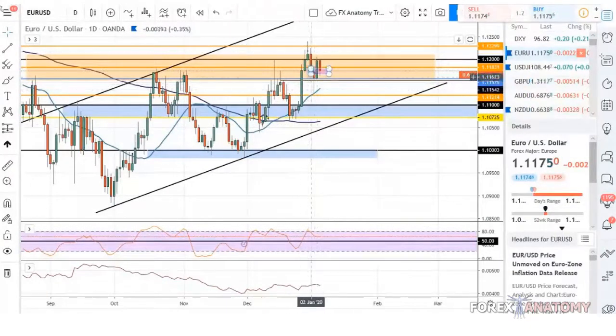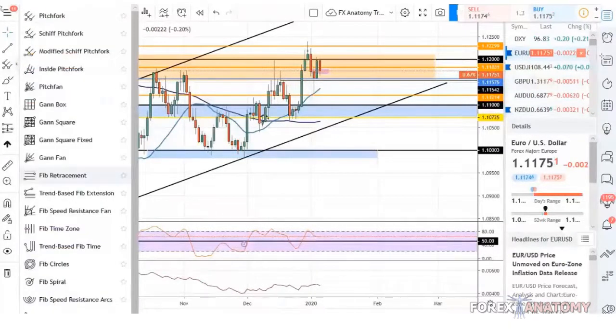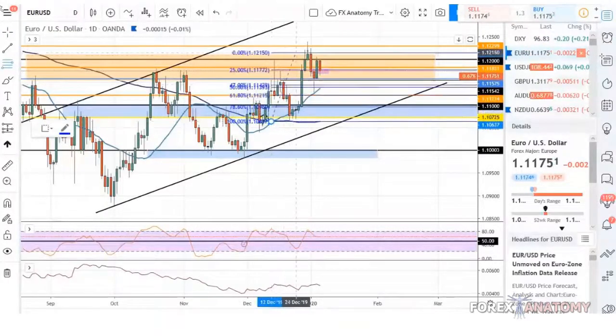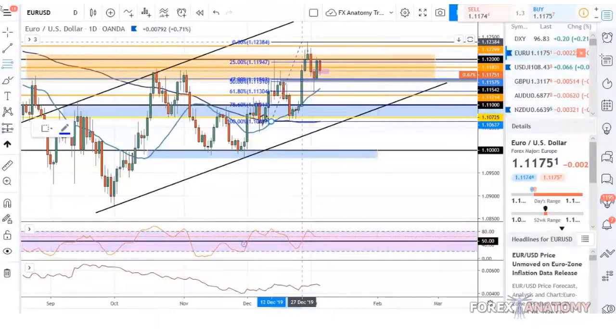But as you can see, price corrected lower. We had a nice correction lower, and price tested this 20-day moving average. This blue line represents the 20-day moving average, and it also tested daily structure support. If you draw on your Fibonacci, you can see that it also tested what we know as the golden ratio, which is our 61.8% Fibonacci retracement level.